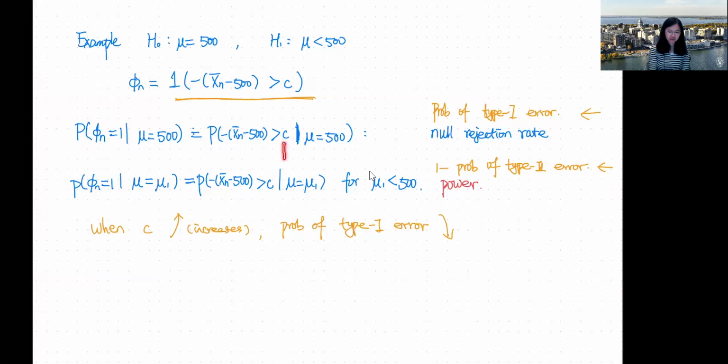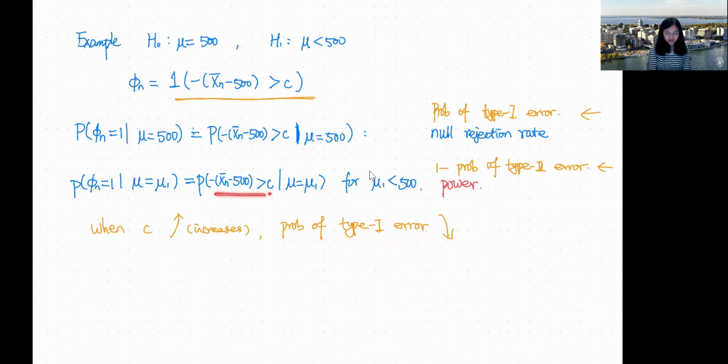Because when you increase the C, it's harder for this inequality to hold and the probability decreases. Increasing the threshold makes rejection less likely, and the probability of false rejection, therefore, is also smaller. So C increases, probability of type 1 error decreases.